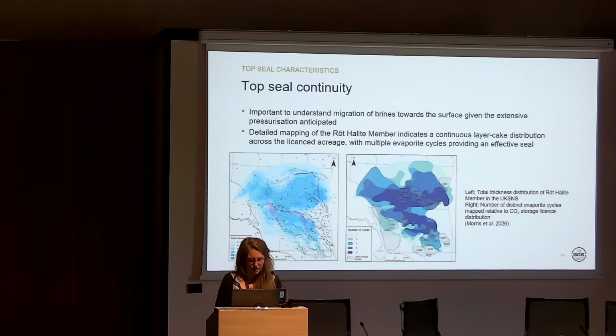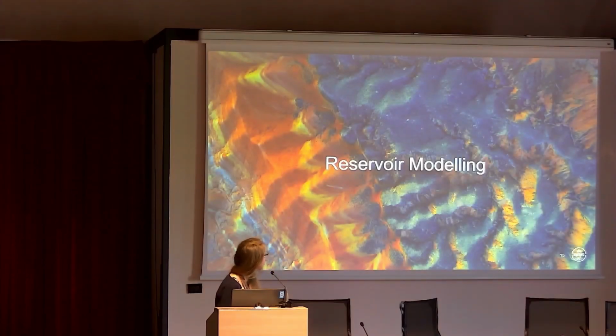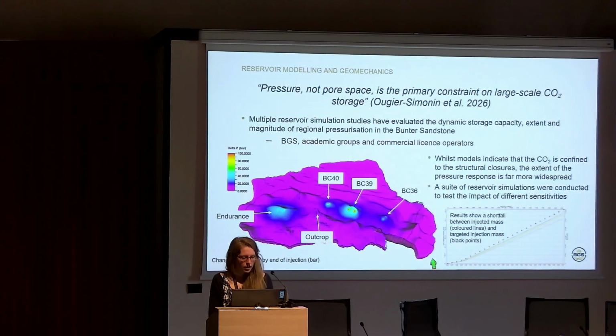And then we've completed some reservoir modelling. Owen mentioned the paper he was involved in yesterday, the quotes from that paper with another BGS colleague, Audrey. I think it's recognised that pressure is incredibly important in terms of understanding CO2 storage.